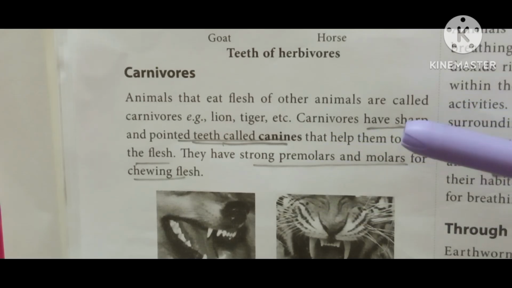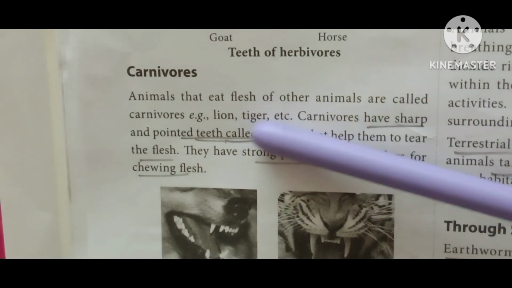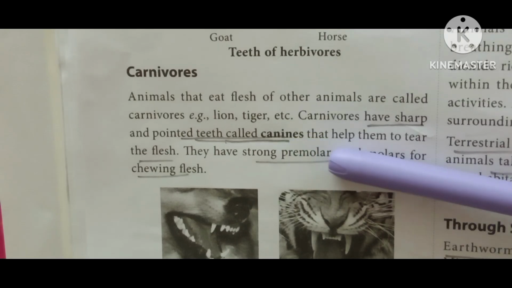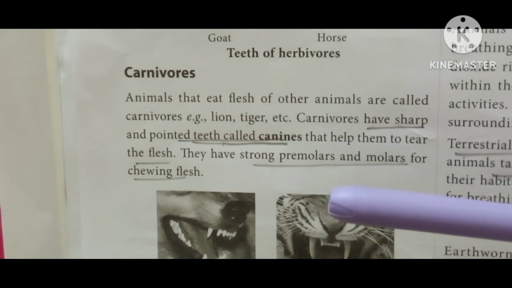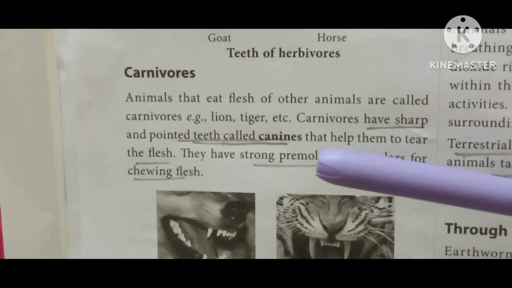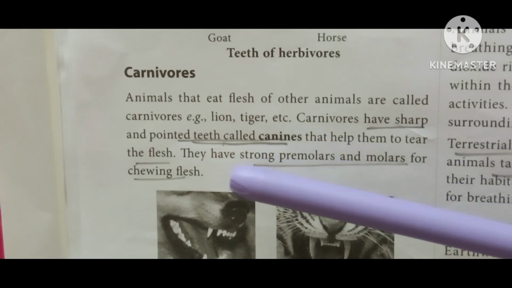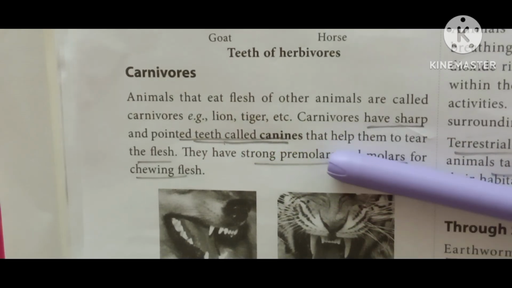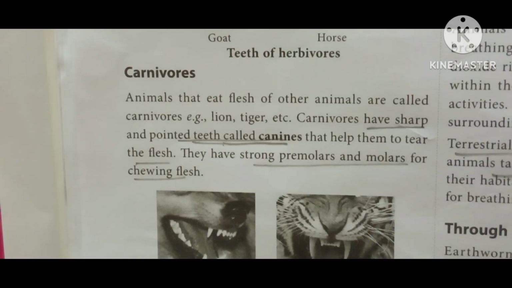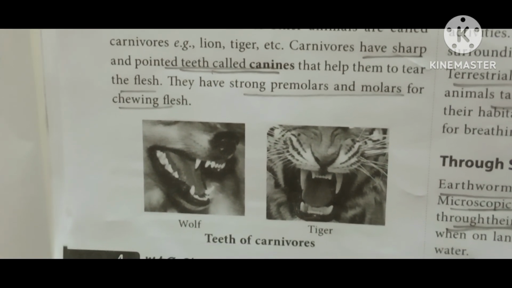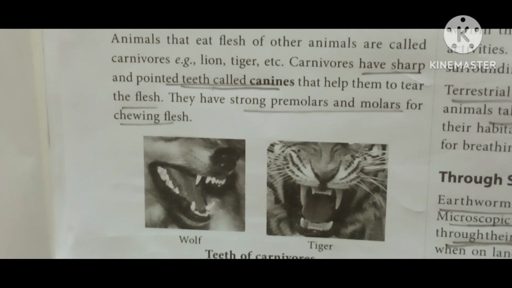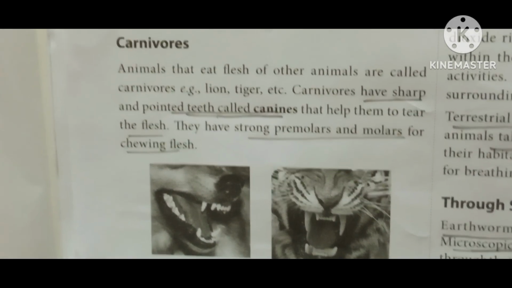So they should have very sharp pointed teeth called canines to help them tear the flesh. They have strong premolars and molars for chewing the flesh. These are examples: wolf, tiger. These teeth are very sharp and pointed.